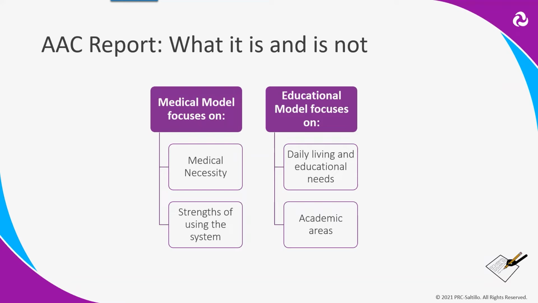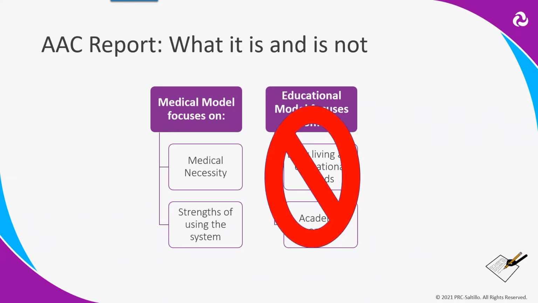And so when we're thinking about what this report is going to look like, we're aiming for that medical model of writing it. This might be a mental shift for you. Reach out to your AAC consultant to guide you, ask questions, look it over with you, all of those things as you are first starting out.